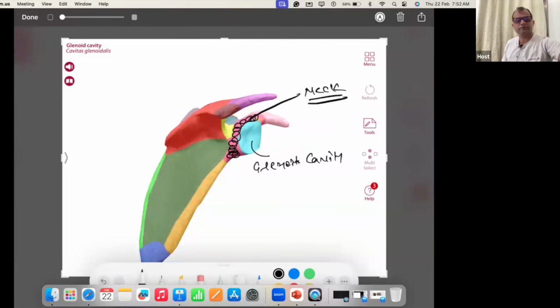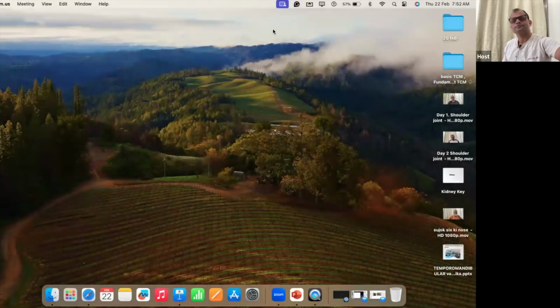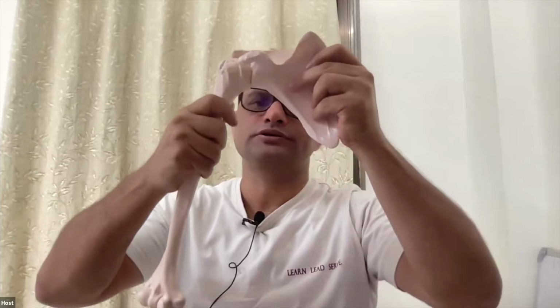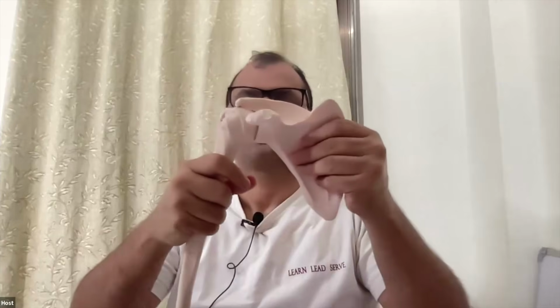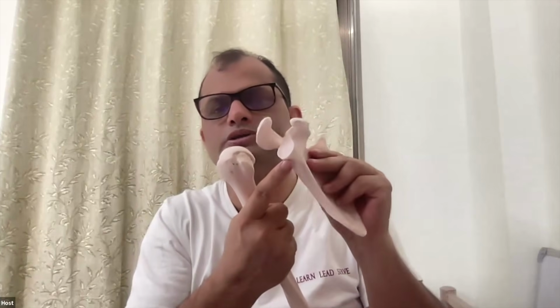So let's see here. The shoulder joint is formed like this. This is the glenoid cavity, and this is the head, and this is the shoulder joint. This is the glenoid cavity, and this is the neck of the scapula.